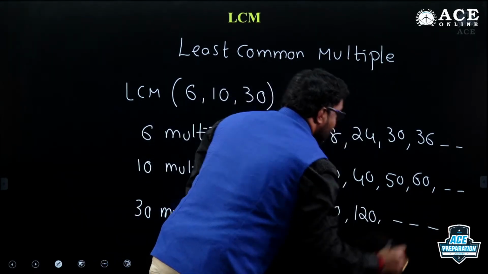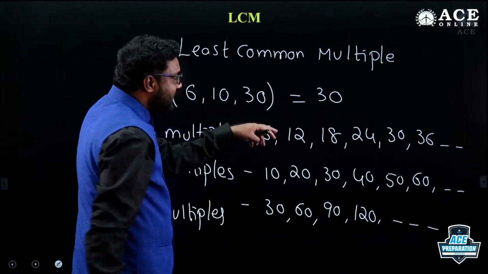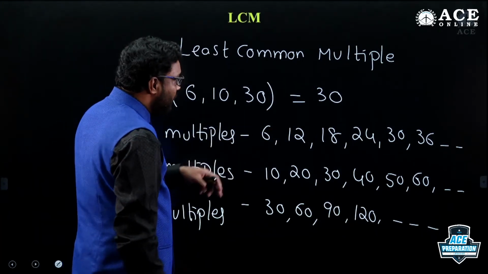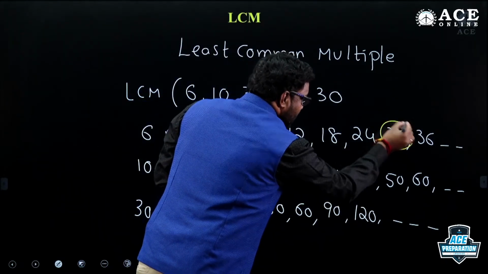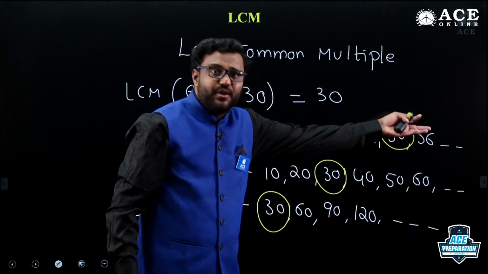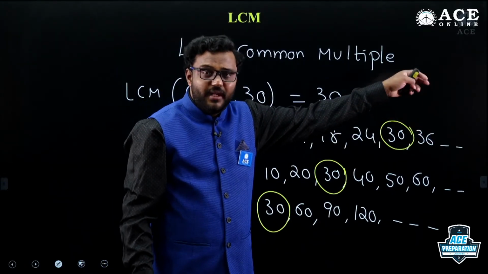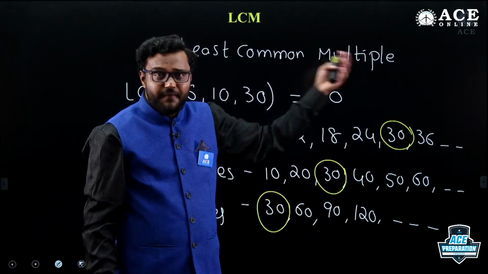Now here, if you find the least common multiple for all this, it is 30, 30 and 30. Next, if you proceed, we'll get 60 also. Common multiples 30, 60, then 90, all those things will come going forward.